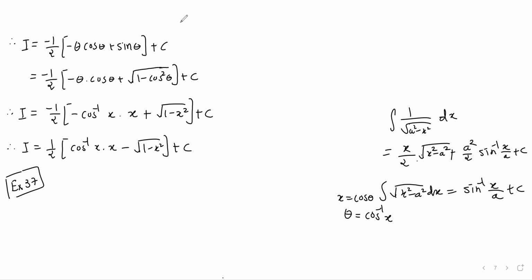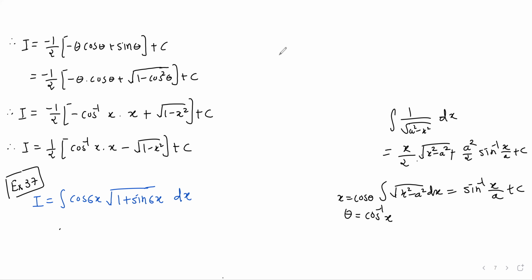I is equal to... last. I is equal to integration of cos 6x root 1 plus sin 6x dx. Okay, how will you do it? Tell me.